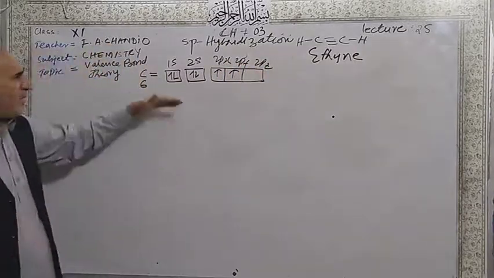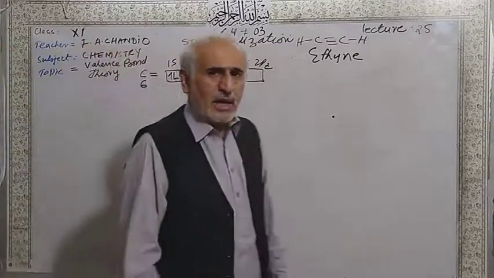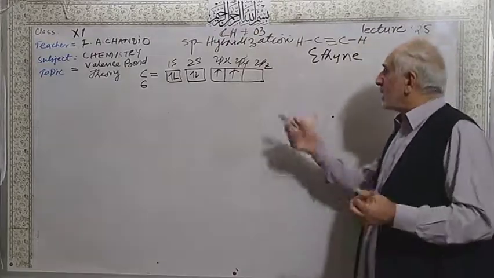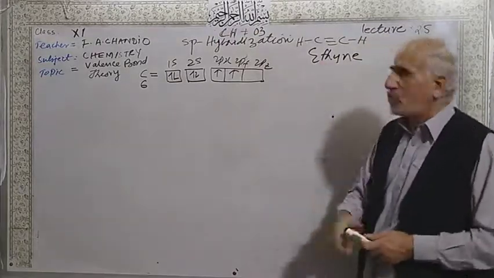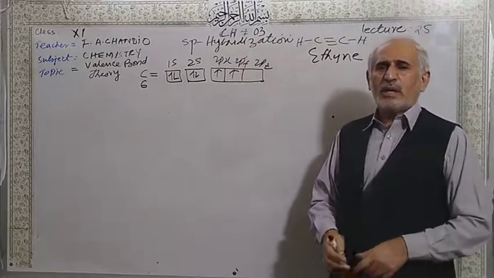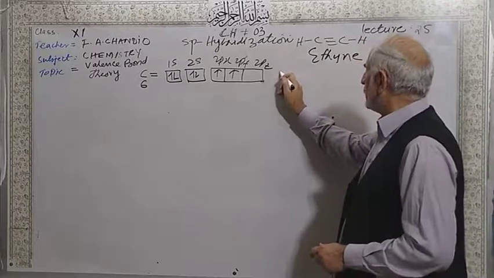You did the same step in the case of methane as well as in the case of ethene, because carbon has the same atomic number 6. So that is the general, or we can say common, electronic configuration of carbon. So this is the ground state.